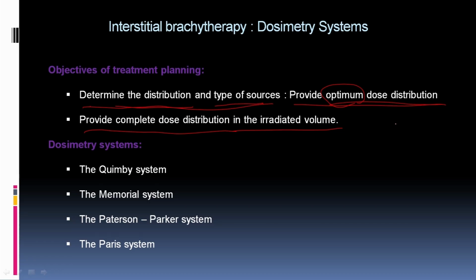Now, we have various dosimetry systems applicable for interstitial treatment planning. They are the Quimby system, the Memorial system, the Patterson-Parker system and the Paris system. So, these four types of dosimetry systems are applicable for interstitial brachytherapy application.